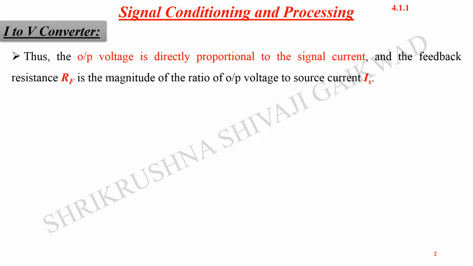Thus the output voltage is proportional to the input source current, and the feedback resistance RF is the magnitude of the ratio of the output voltage to the source current Is. So we have converted the input current into voltage, or else the output voltage is proportional to the source current Is.